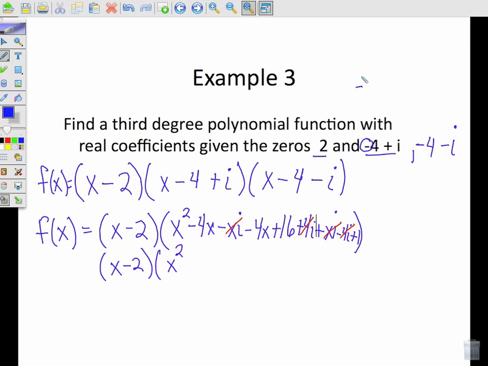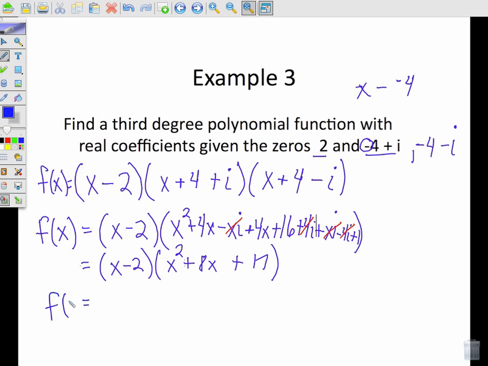If I go back here, I think I've dropped off this negative here. So when you do x minus a negative 4, both of these would be positive. All that's really going to affect is my positive 4x, my positive 4x, and it's still plus 16, but that would give us plus 8x. So I had to go back and adjust a couple signs because of the minus. You got plus 16, and plus the 1 is 17.